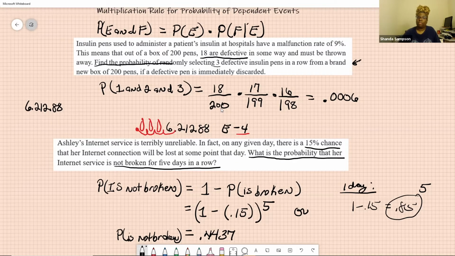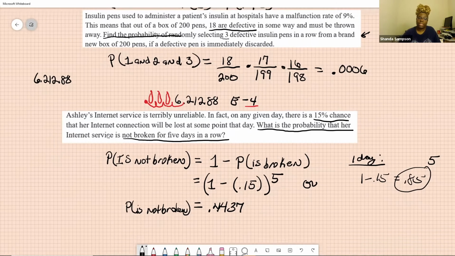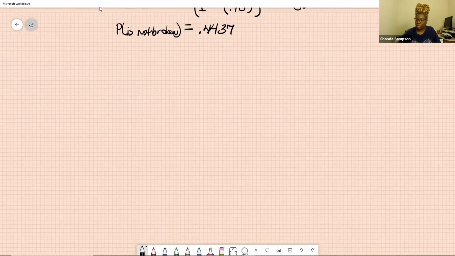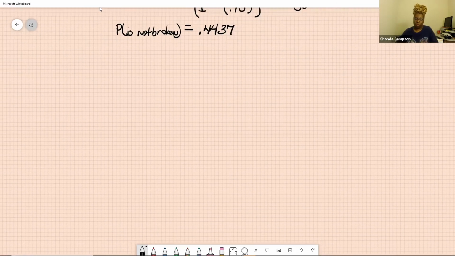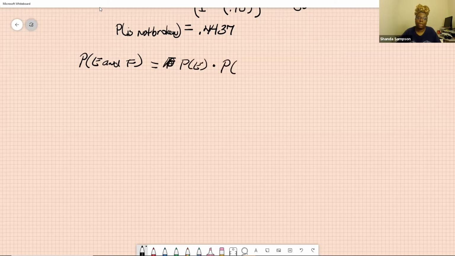Then we had the probability of the second one given that you already took one out, given that E, the first one, had already occurred. And then we had a third one given that the other ones had already occurred. So let's see if we can switch back to a little bit of algebra. So that formula of the probability of E and F for dependency is the probability of E times the probability of F given that E has already occurred.